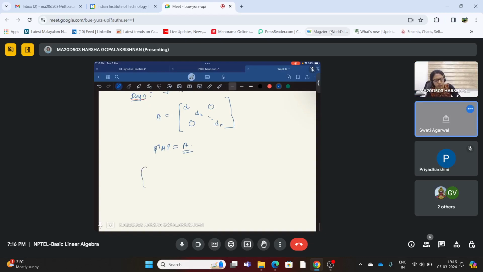So what is identity? 1, 1, etc. along the diagonal, and elsewhere it is 0. Here along the diagonal d1 to dn. Again, identity inverse and identity are both identity, correct? It should be equal to the matrix itself, right?